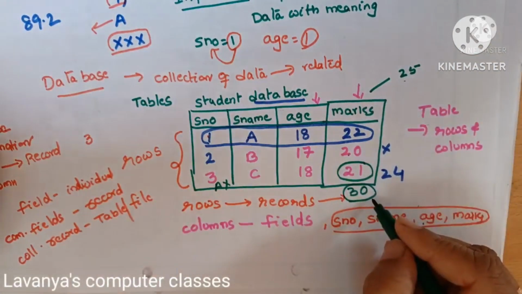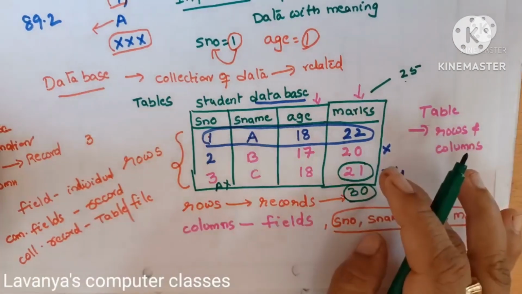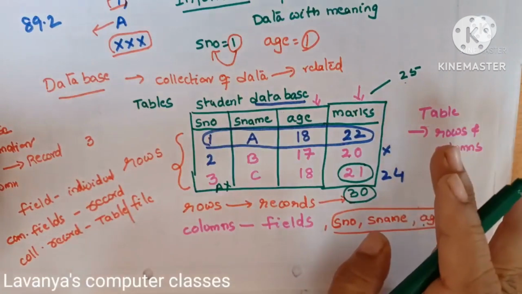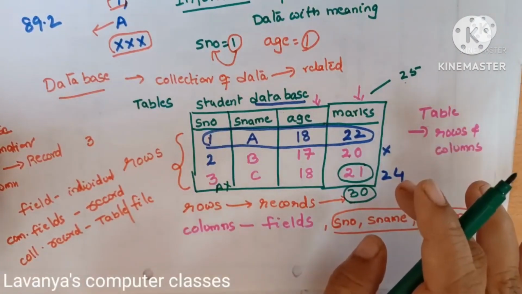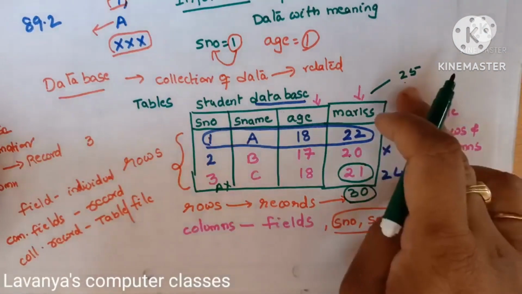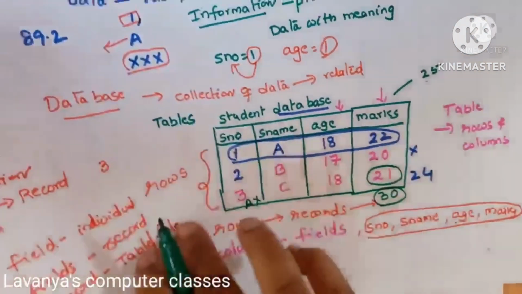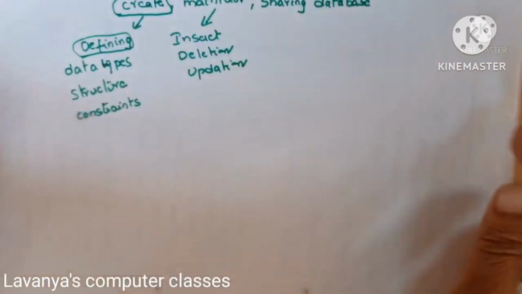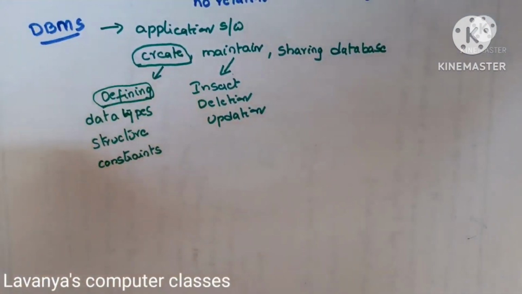How will the student get 30 marks? So if you make typing mistakes, at the time of entry only it has to tell that it is not proper data. Some data is missing, or something exceeds our range. So this is called constraints. These constraints are also possible in defining the databases only. So these are the definitions of DBMS.